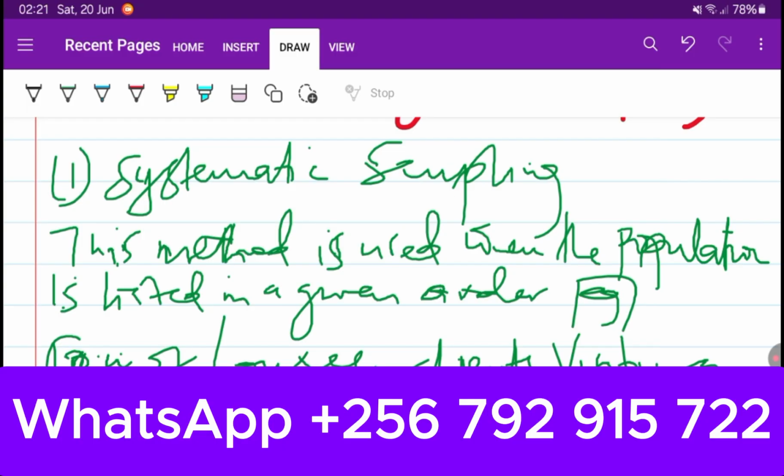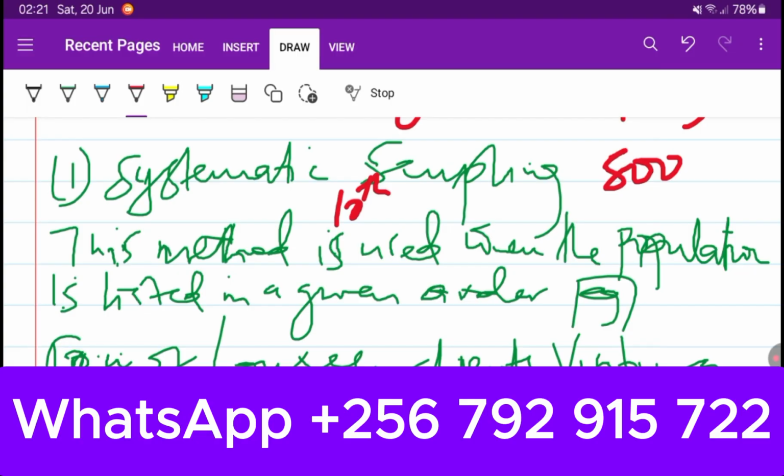For instance, maybe we are trying to look at 500 students, and we pick the 10th person in a line. If we line up 500 students or 100 students, then we say we are picking the 10th person in a line.